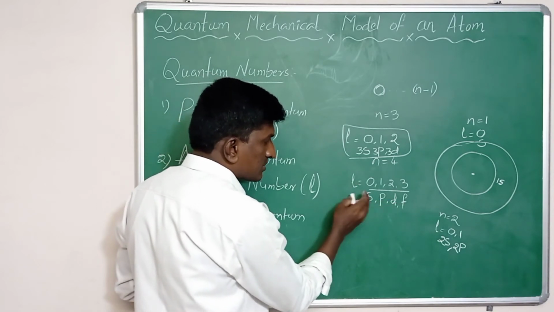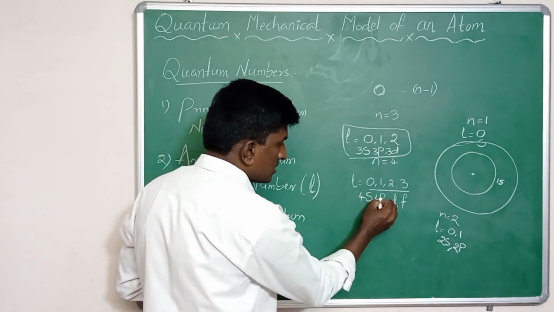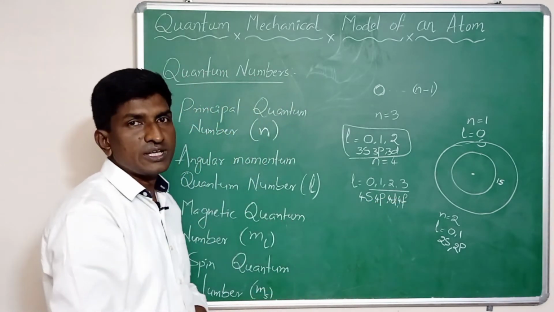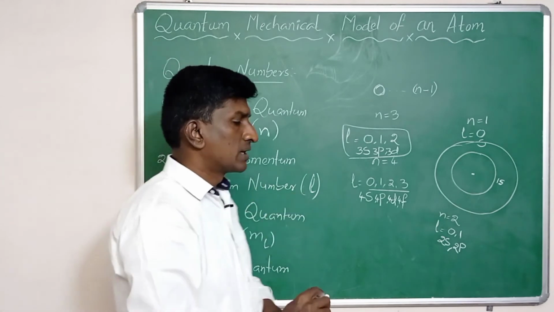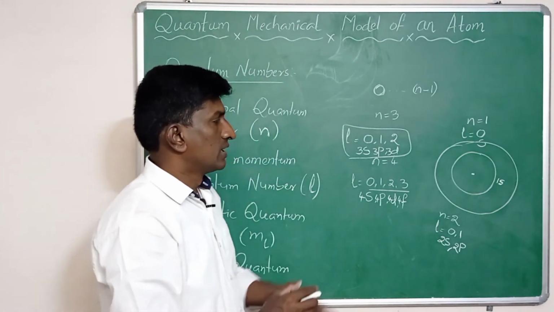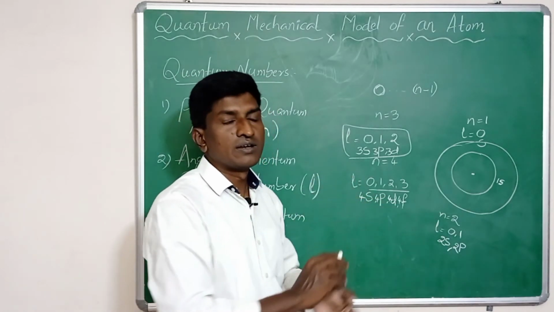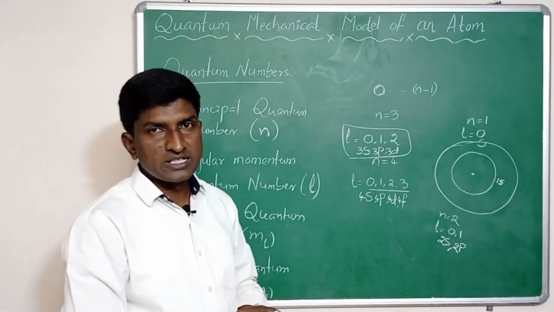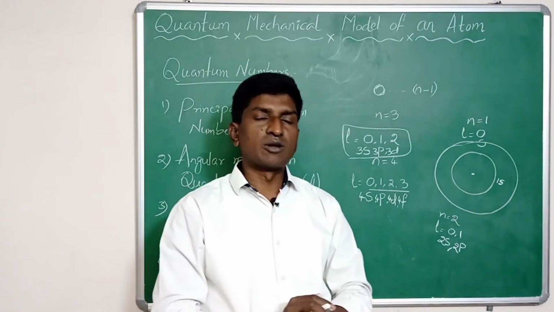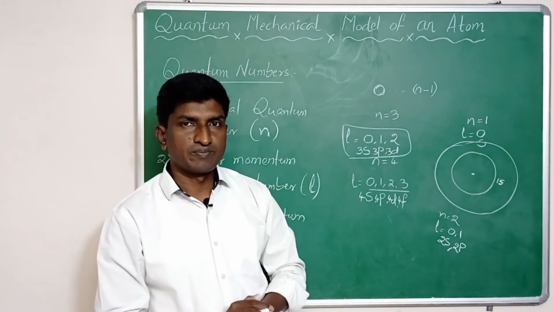So these subshells are represented as 4s, 4p, 4d, 4f. In this way, the angular momentum quantum number mainly explains the subshells and their shapes. S orbital is spherical in shape, p orbital is dumbbell shape, and d orbital is double dumbbell shape.